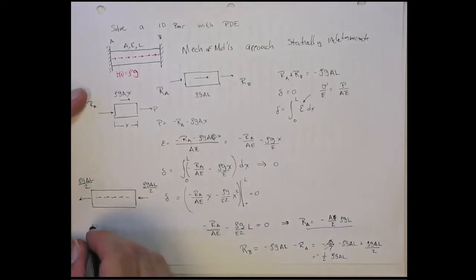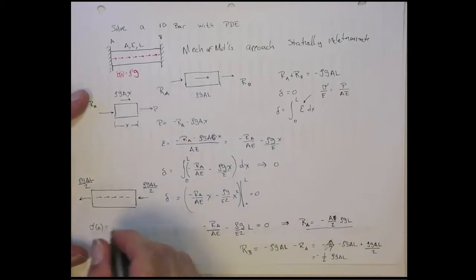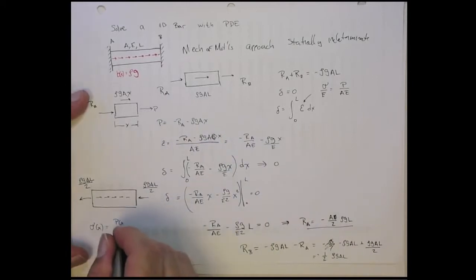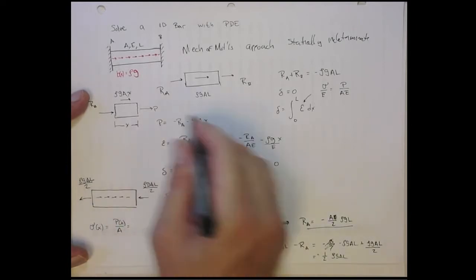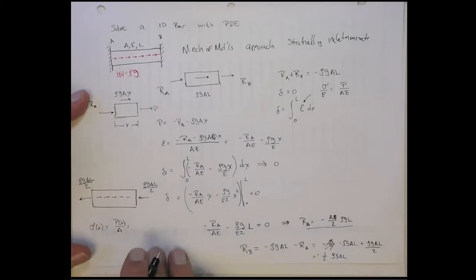I know that the stress at the point is P over A. So the stress is P of X on A. P of X we got from here, that's minus RA.